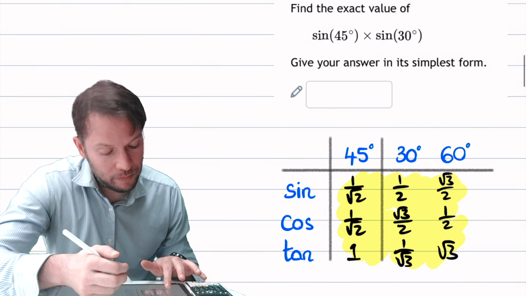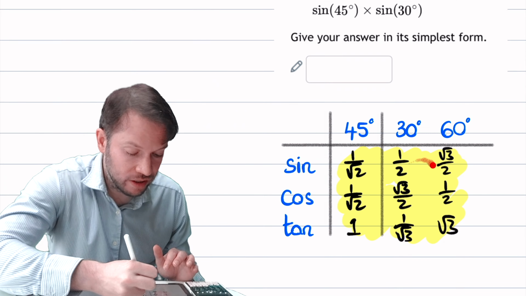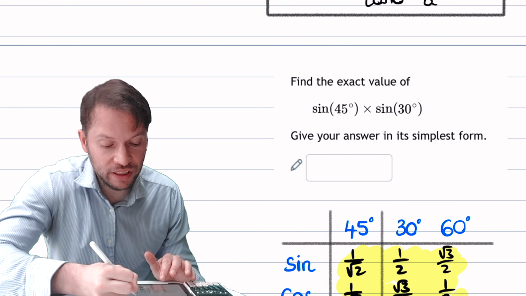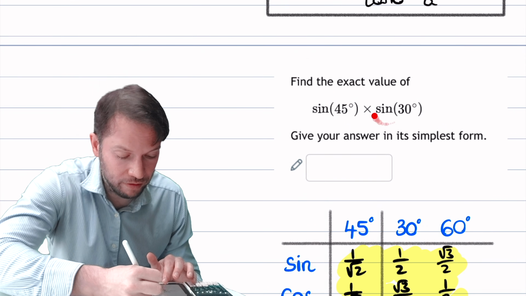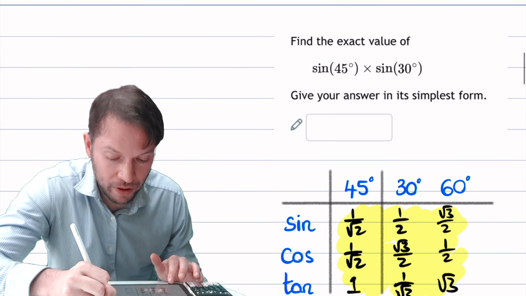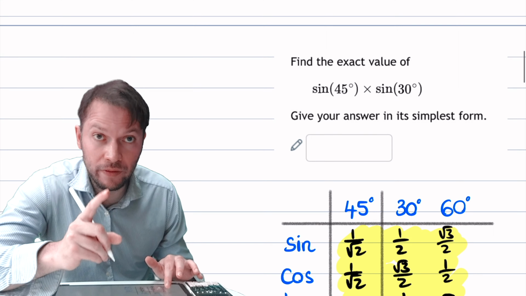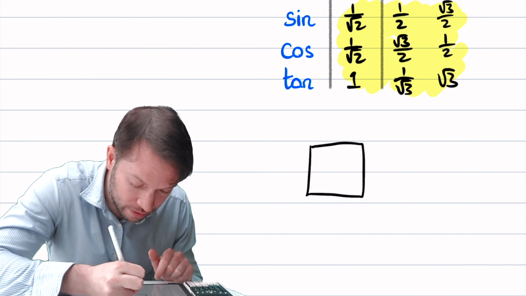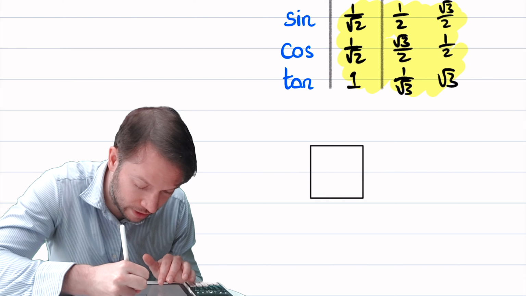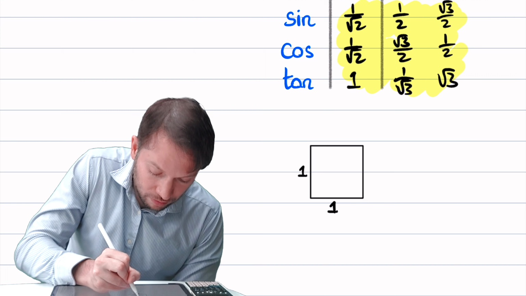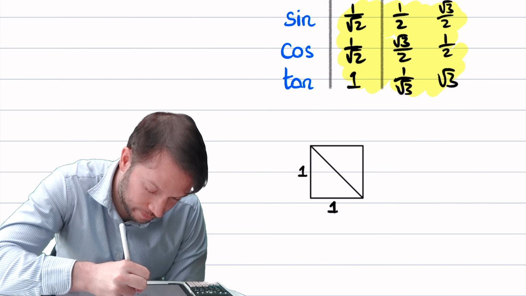Now this was a table and we could use these values immediately, but let's just actually work out these two again from scratch, like sine of 45 and sine of 30. Now remember how we found sine of 45. If you've got a 45 degree angle, you could have a unit square like this, so side length 1, and then remember we split it in half to get a right angle triangle like this.